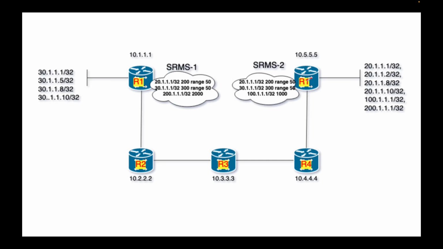This is R5, sorry for the typo. And both of them are advertising some prefix-sid ranges in the network. And based on the criteria, R5 should be the most preferred SRMS server. But let's see it in the configuration section.